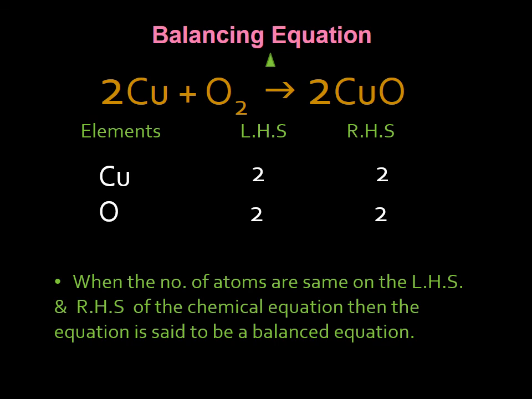Similarly, on the left hand side there are two molecules of oxygen, and on the right hand side there are two molecules of oxygen. So this chemical reaction is balanced when the number of atoms is the same on the left hand side and right hand side of the chemical equation. Then the equation is said to be a balanced equation.